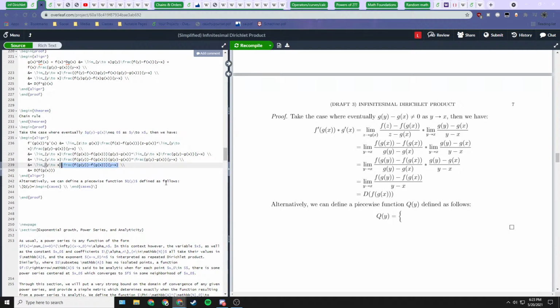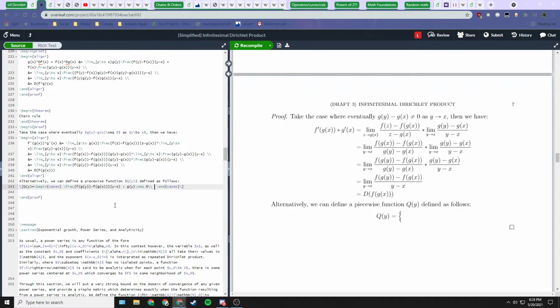So we'll have this difference quotient in the case that g of y is non-zero.